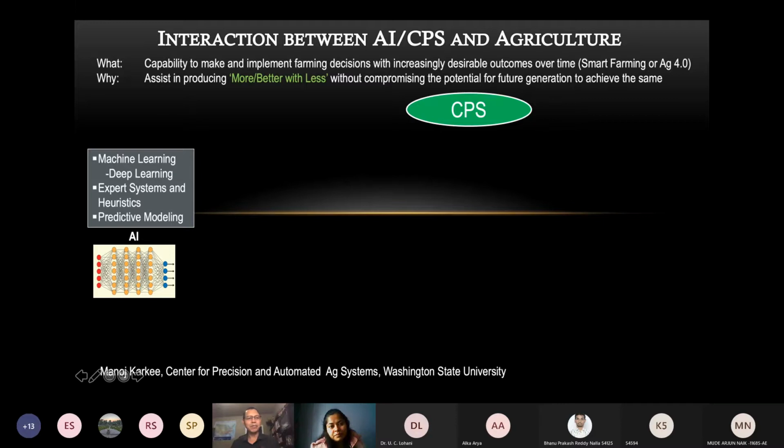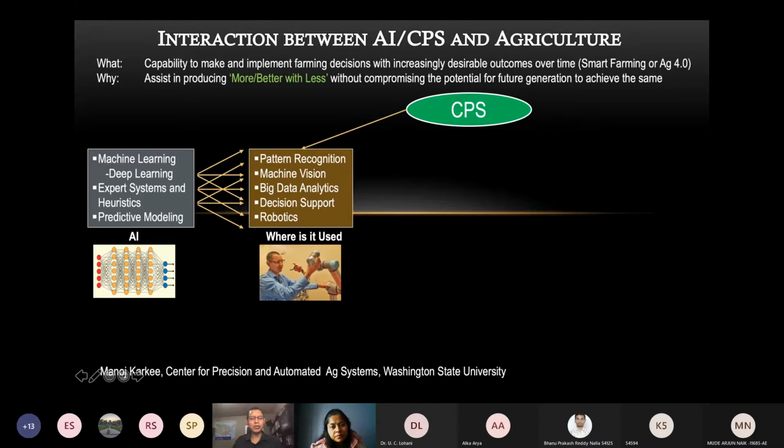So to achieve these capabilities, artificial intelligence and cyber physical systems, CPS, which I have bubbled up here in the middle, work together and interact closely, leading from some fundamental concepts of machine learning, such as deep learning and expert systems, predictive modeling, into some technologies such as pattern recognition, machine vision, big data analytics, decision support, and robotics.